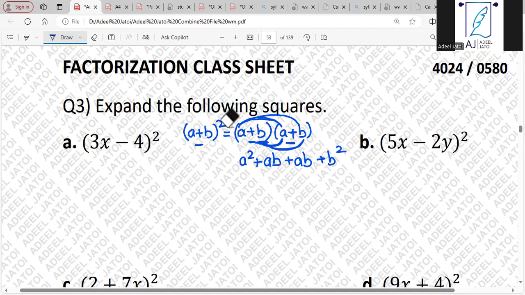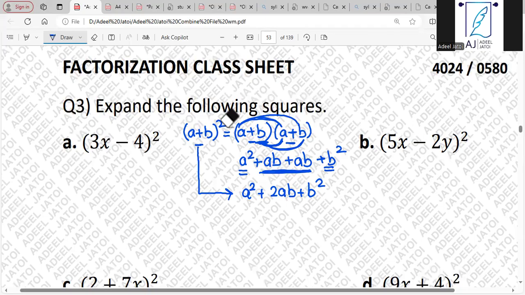So a square and b square are fine at the first and the end, but this ab plus ab will become plus 2ab plus b square. So whenever there is a plus b whole square, this formula can be used. But we will not be writing the formula, we'll be doing it directly.